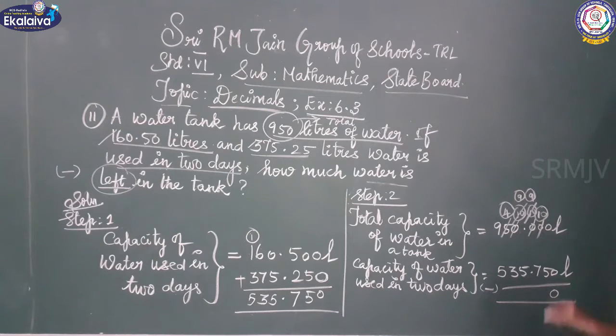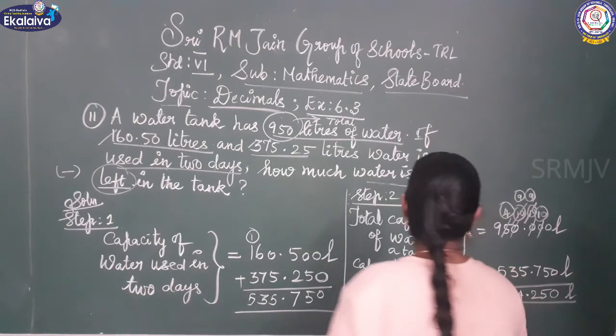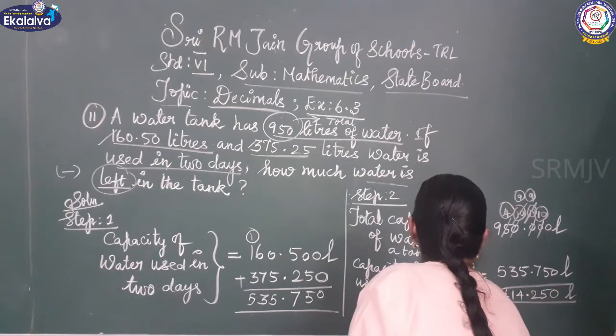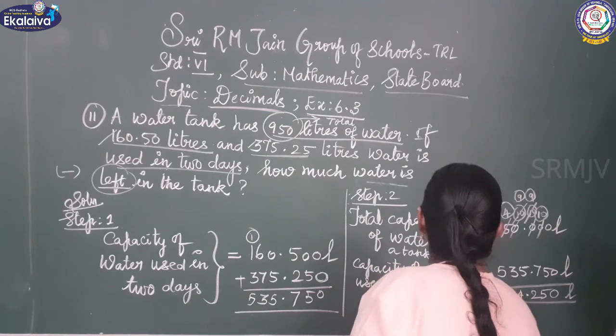Got it, children? Now listen, 10 minus 5 is 5. 9 minus 7 is 2. Again 9 minus 5, 4. 4 minus 3, 1. 9 minus 5, 4. Write the unit, children. Now see, this is what? Difference. I can write it as difference. Okay.